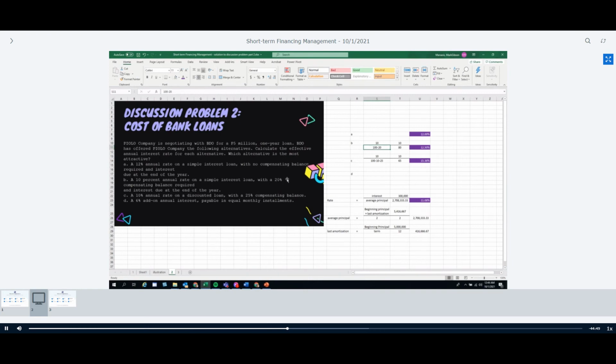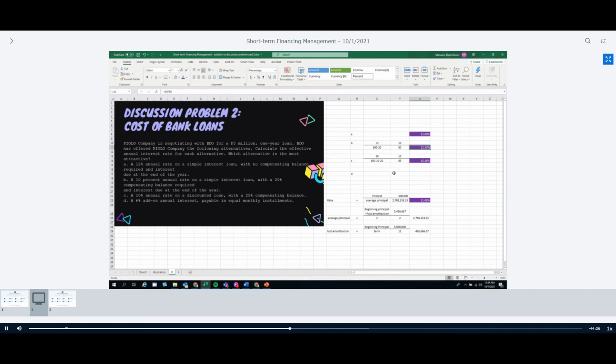No? So 10%, so yan yung nominal rate natin. 100 minus 20. 20 is the compensating balance. So that's 10 over 80 or 12.5%. Okay?